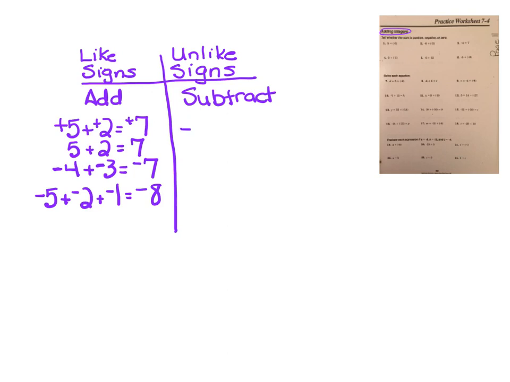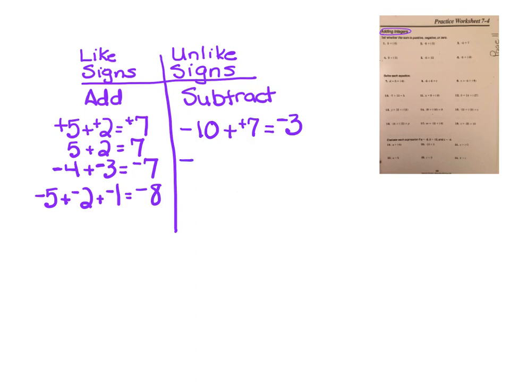For example, a negative 10, a loss of 10, but a gain of 7 units. Well, clearly we have more loss than gain, so the result will be negative. But subtract 10 units and 7 units, we find there's a difference of 3 units, or the answer is negative 3.